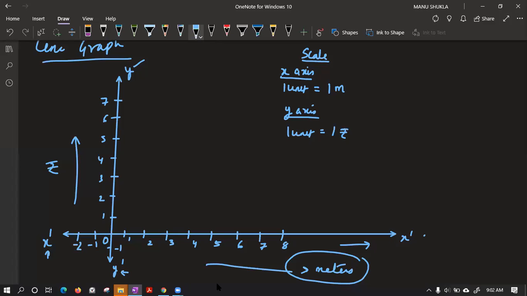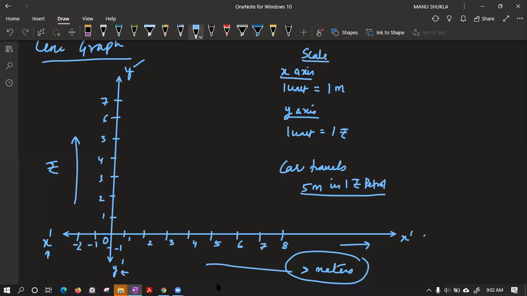Suppose someone tells that a car travels 5 meters in 1 rupee petrol.